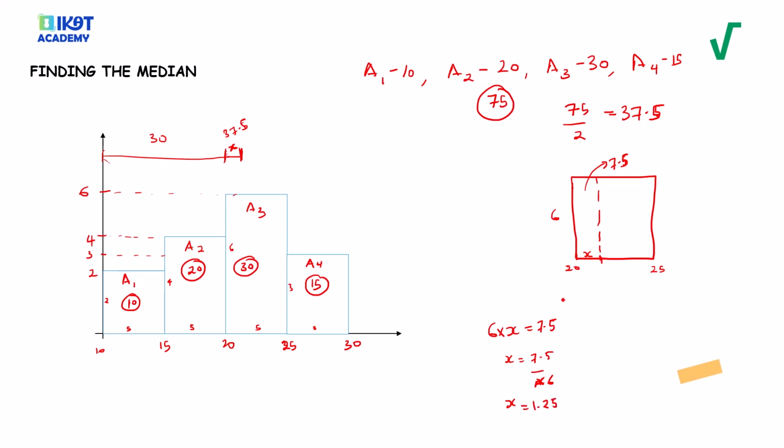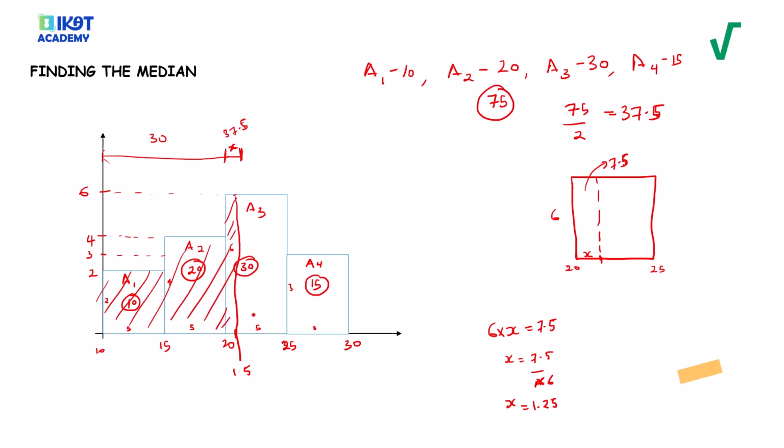Now this 1.25 is not the median, it's the value I have to add to this 20. So when I add 1.25 here, this is the area covered by 37.5.